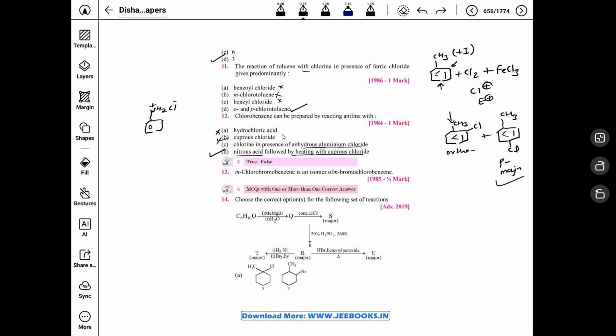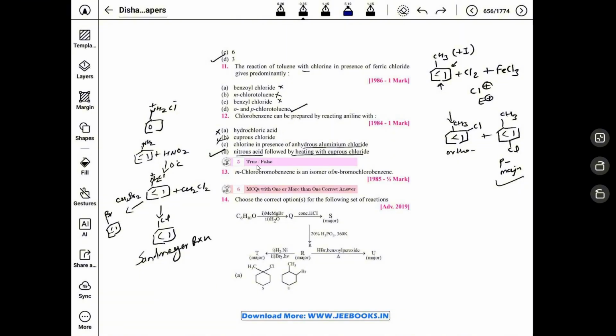Yes, this is the correct answer, because when you react aniline with nitrous acid at 0 degrees Celsius, you get the diazonium salt, and this diazonium salt can be decomposed by cuprous chloride to the corresponding chlorobenzene. If you use cuprous bromide, then it gives bromobenzene. This is an example of the Sandmeyer reaction.